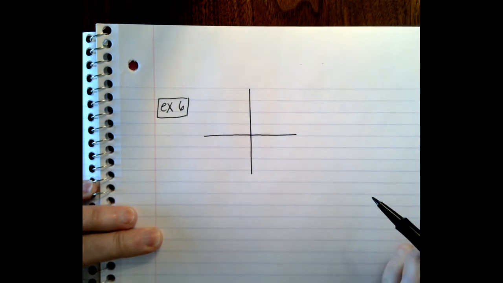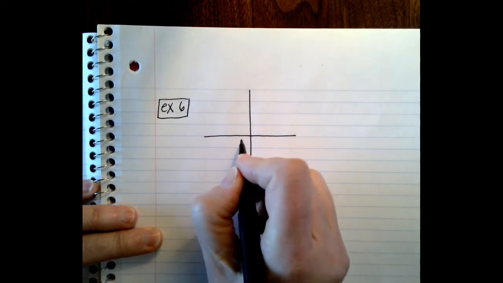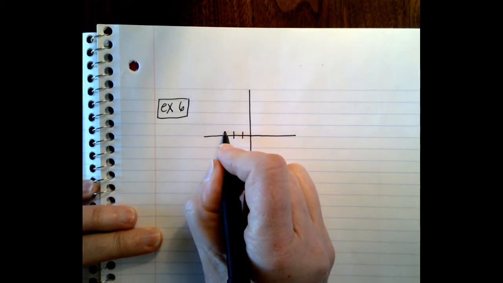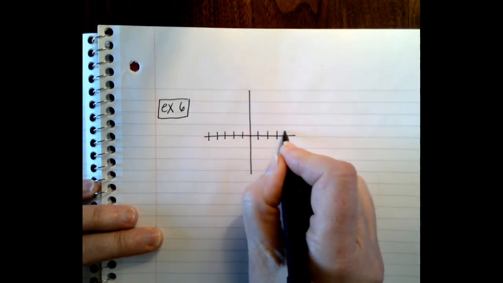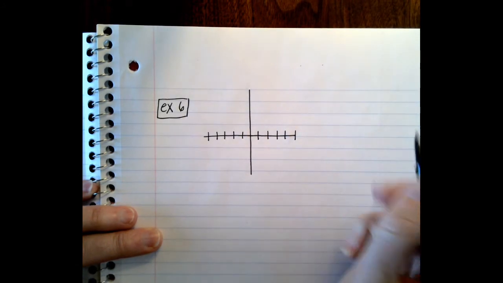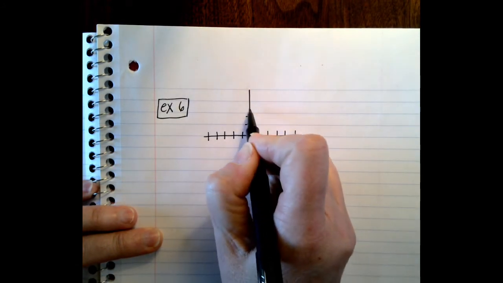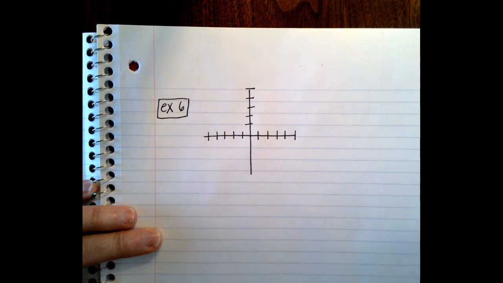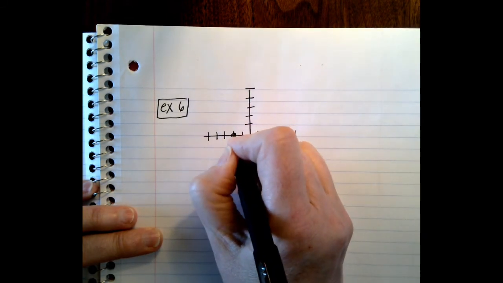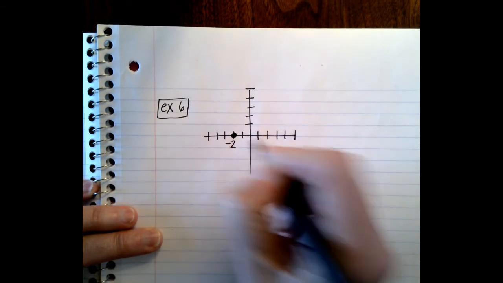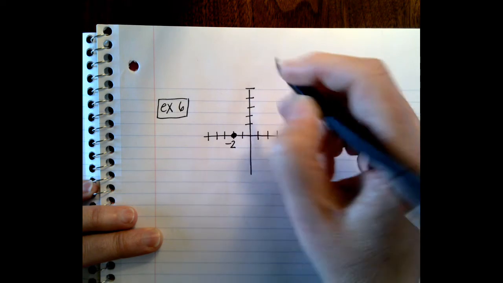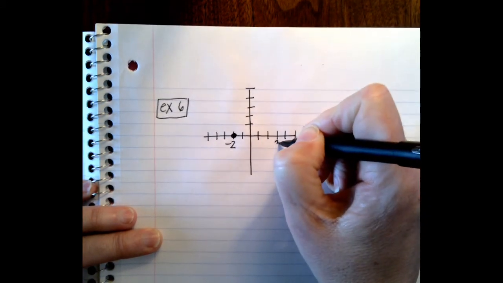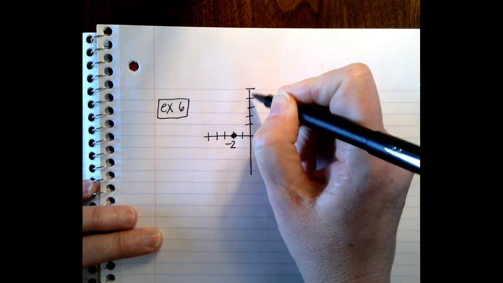So there's my x and y. And I'm at -1, -2, -3, -4, -5, 1, 2, 3, 4, 5. And I'm just going to do the same up here. And they've drawn a line starting here at -2. And they've got a point at 3, 5. 1, 2, 3. 1, 2, 3, 4, 5.